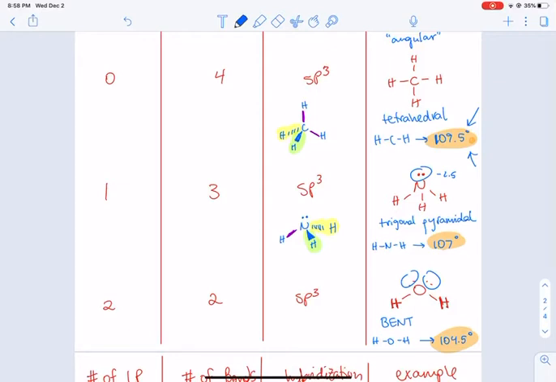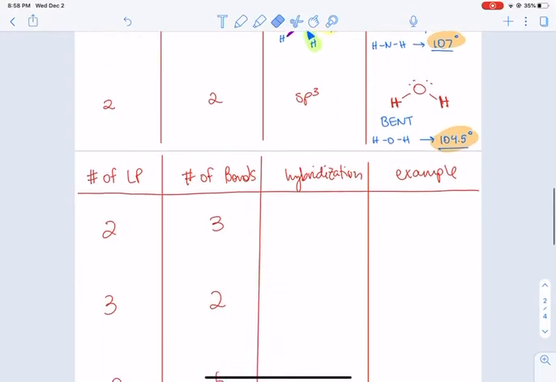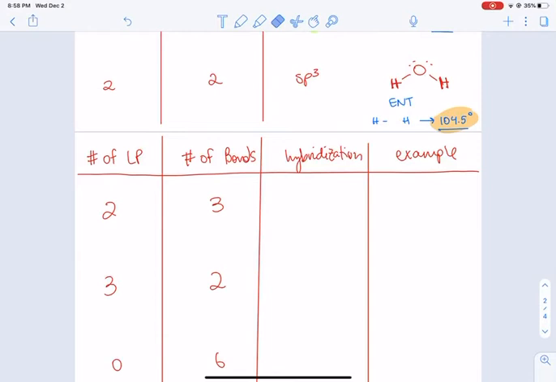And then you add a second lone pair, and you take off another 2.5 degrees. So you go 109.5 to 107 to 104.5. However you want to memorize that is up to you, but each lone pair essentially decreases this bond angle by 2.5 degrees.